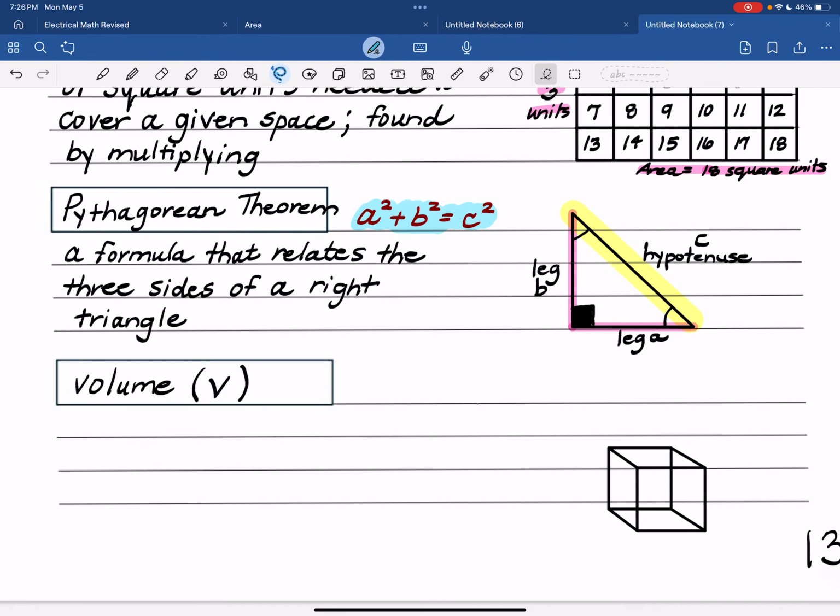I am back on page 13 for one more term, and then we have one to put on page 14. But this one is volume.